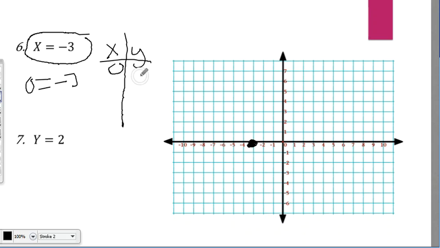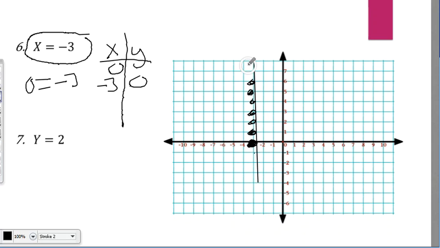If we let our y be 0 and solve for the x, we're going to get negative 3, 0. And then we know that our x is always going to be negative 3. So the place on the coordinate plane where the x-coordinate is negative 3 would be this vertical line right here. X equals negative 3.